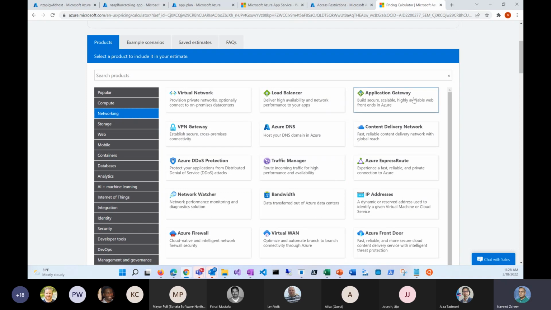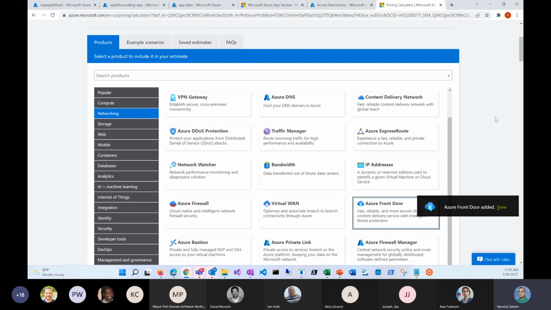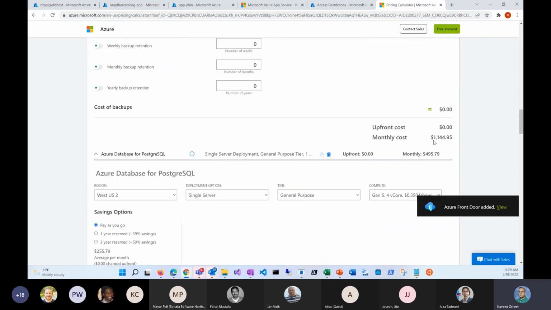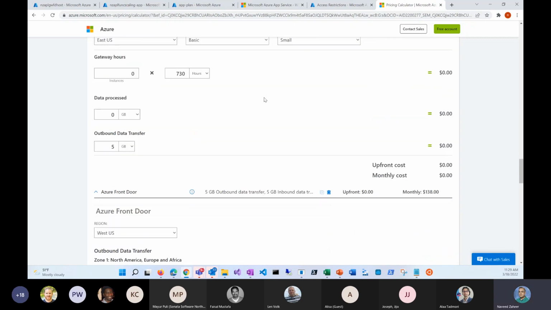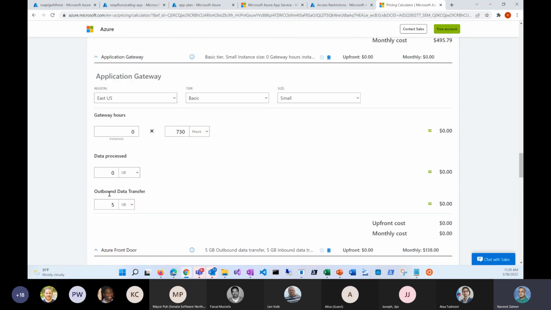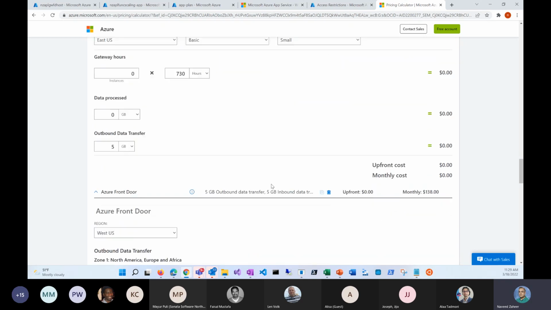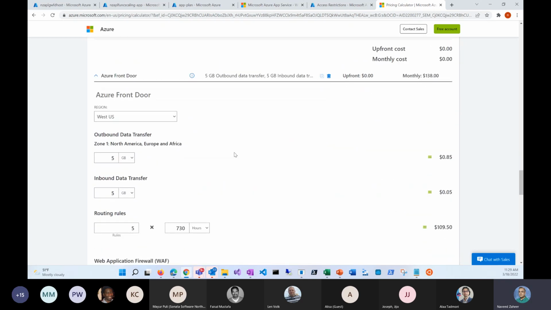So we have Application Gateway and we have Front Door. Let's go down here, and both of these should be here. As you can see, there are gateway instances, data processed, and all those things. So you have instances as well as bandwidth, and you have to take both into account as you're looking at Application Gateway. On the other hand, for Front Door, there is just the routing rule and the bandwidth.